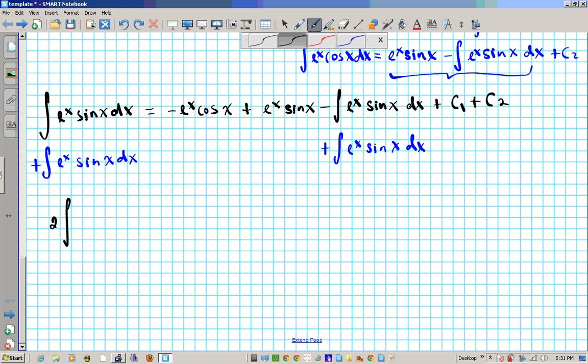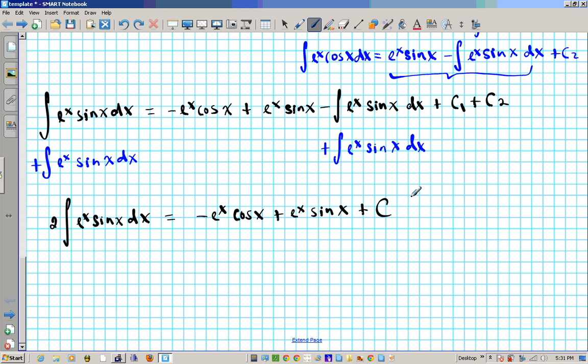So you're going to have 2 e to the x sine x dx equals negative e to the x cosine x plus e to the x sine x. And then we can just say c1 plus c2, let's just call that c. Doesn't really matter, it's just a constant. Okay, like that.